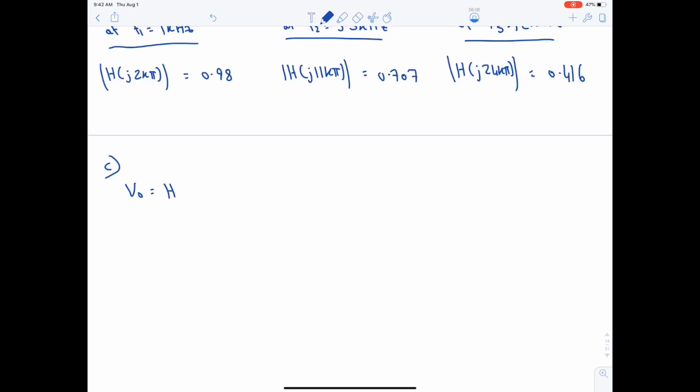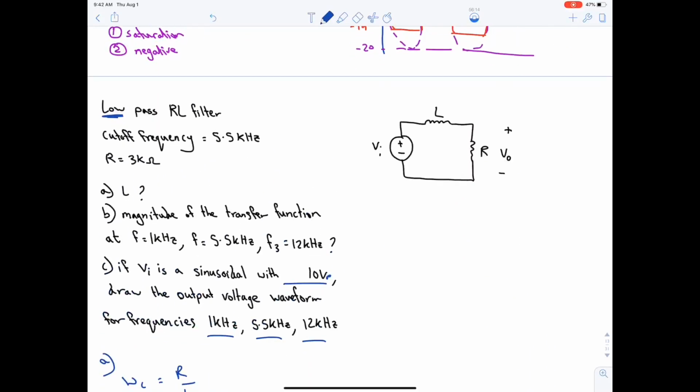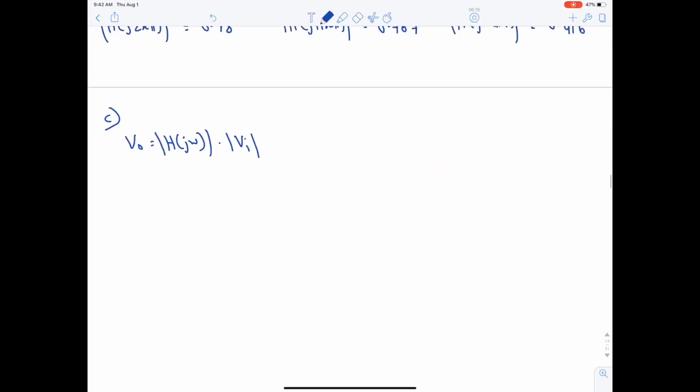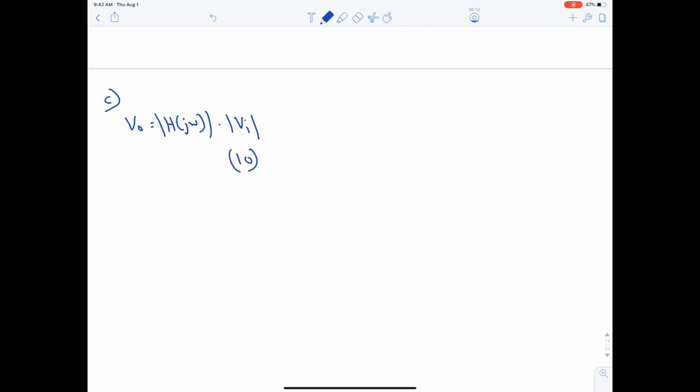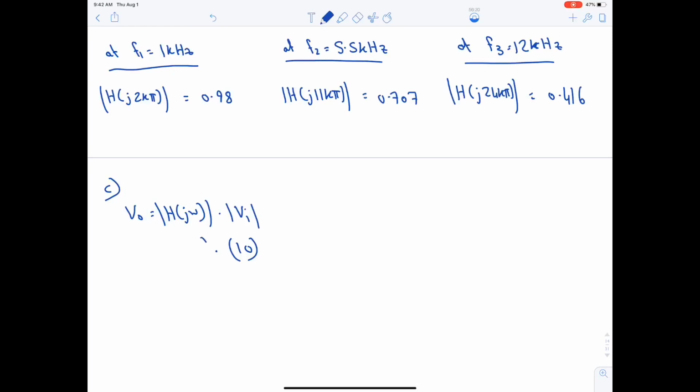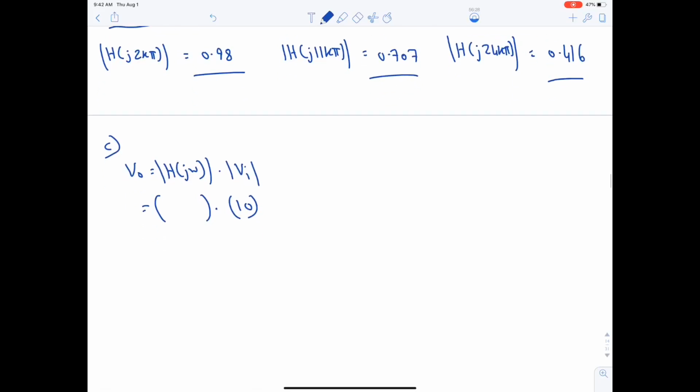V output is the magnitude multiplied by V input. V input is fixed, it's 10. But the magnitude depends on the frequency, correct? And we have three frequencies actually.